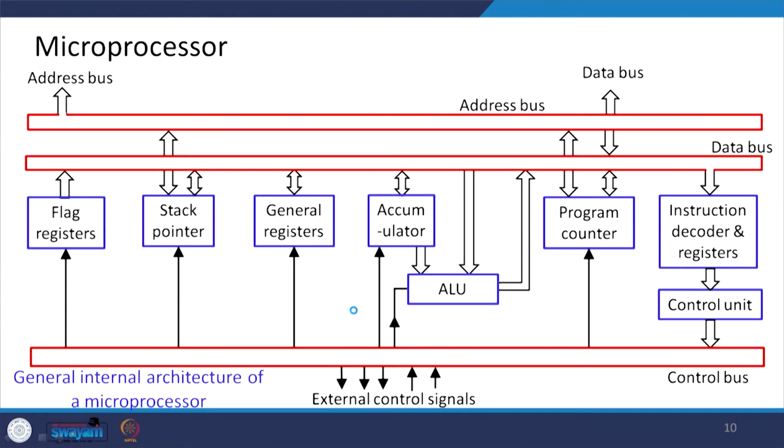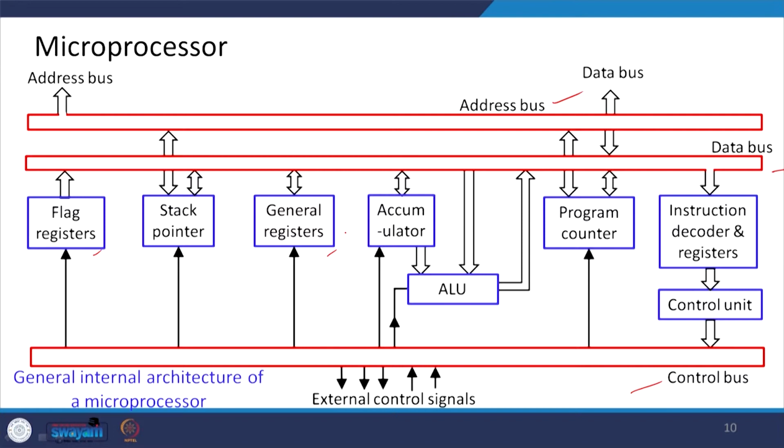the microprocessor system. So, if we look at the microprocessor here, okay, as I was telling you, we have the address bus, data bus and the control bus. So, the 3 buses are indicated by the red over here, and we have different registers here, flag register, general register.